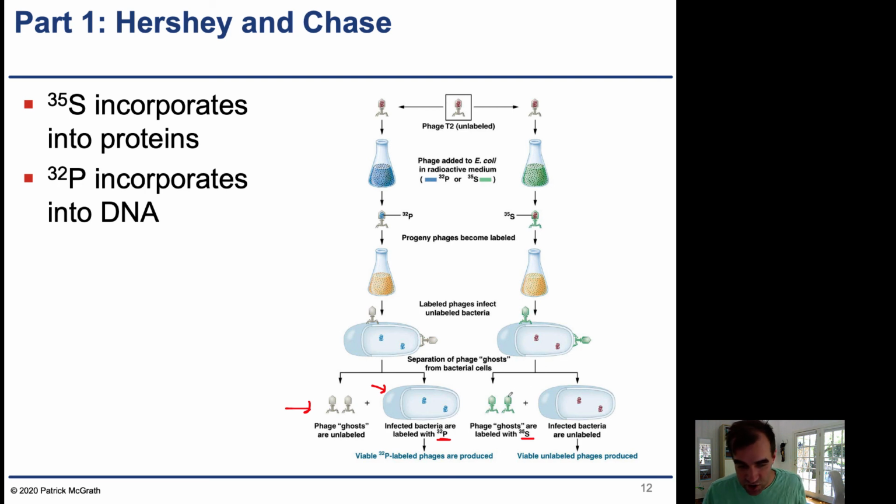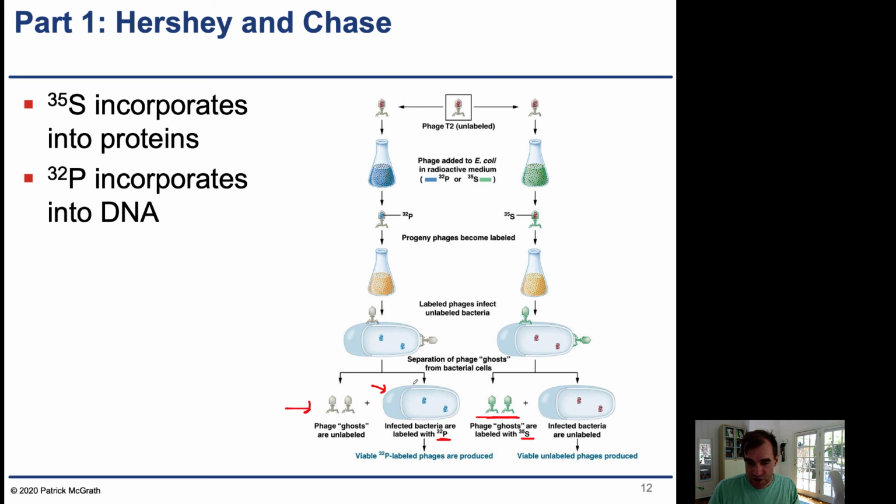And so what is the interpretation of this experiment? The interpretation of this experiment is that it must be DNA that the virus actually injects into the host. So the particle is actually made up of protein, so this is why we see the 35S when we look in the ghosts.